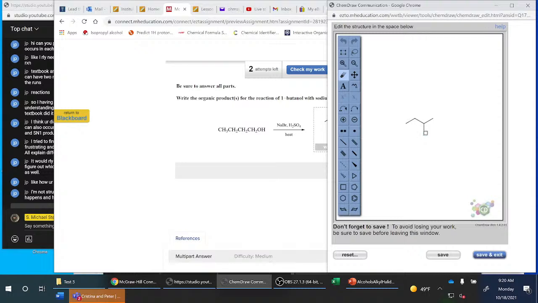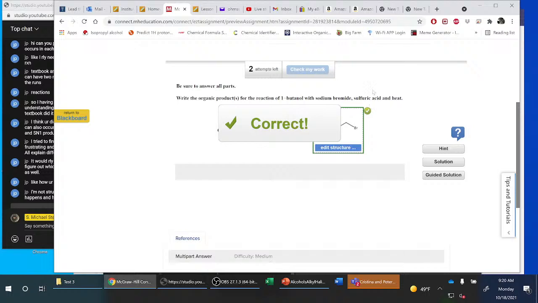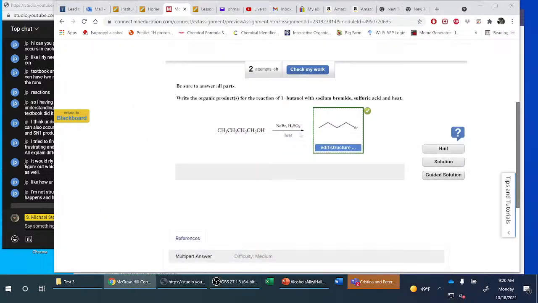Does it think you're actually doing a primary substitution? Of course. I think I've sent them complaints about this question before. Okay, so apparently it thinks you're doing an SN2 mechanism here.